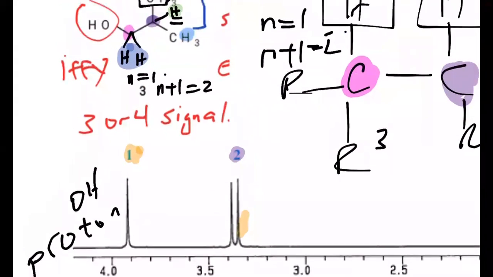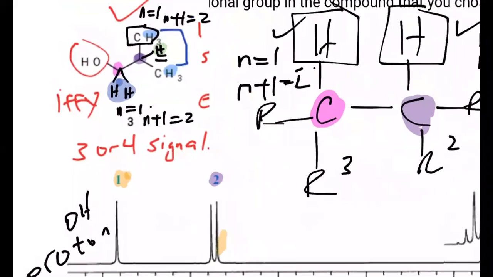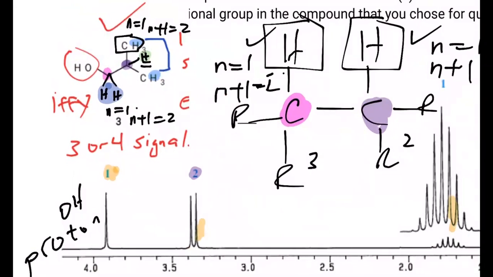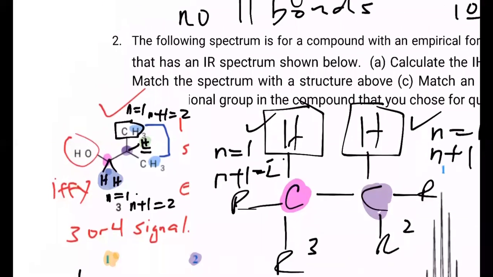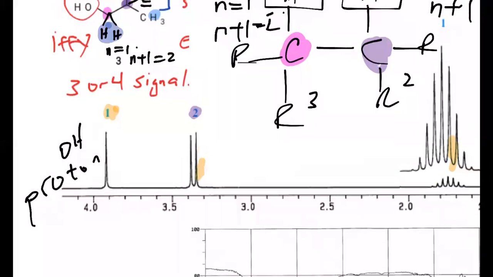And why is it so far downfield? What causes a downfield shift? Isn't a downfield shift caused by deshielding when you put a highly electronegative atom around your protons?